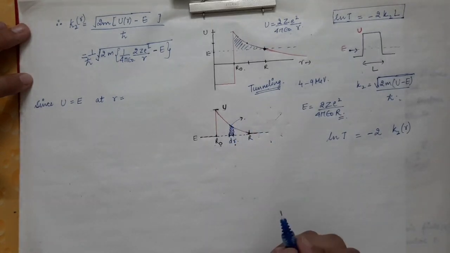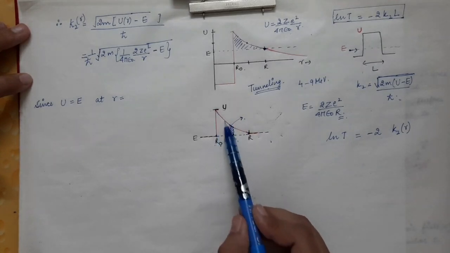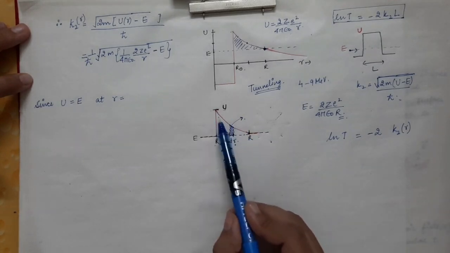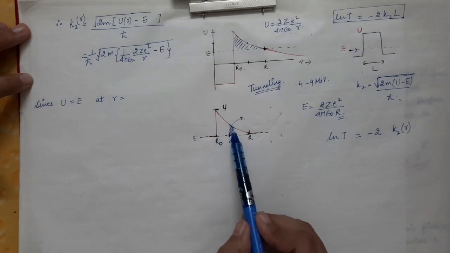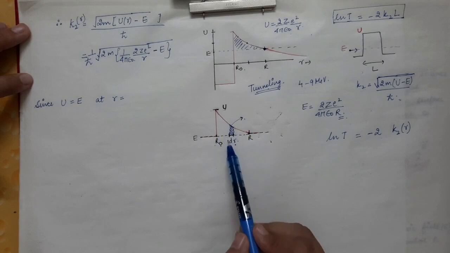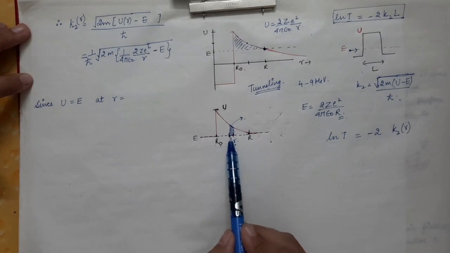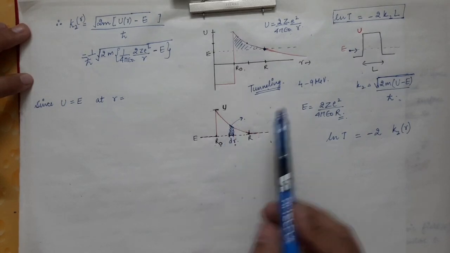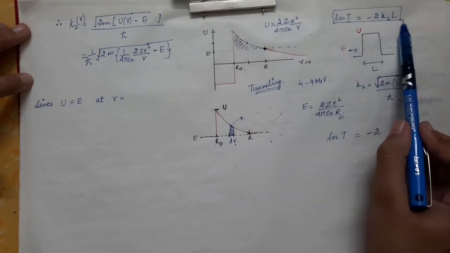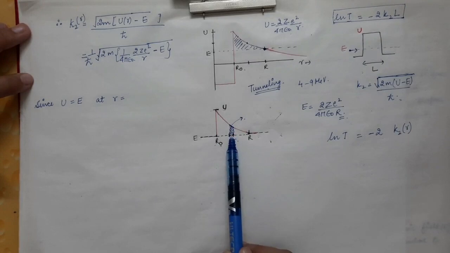So we have just divided this potential barrier into an infinite number of small patches, and we are taking only one patch for the time being. This small patch is of such a small thickness that the height of the barrier will be constant, and we can use this formula for this patch.